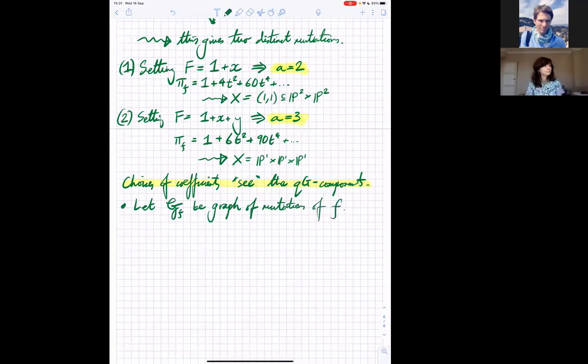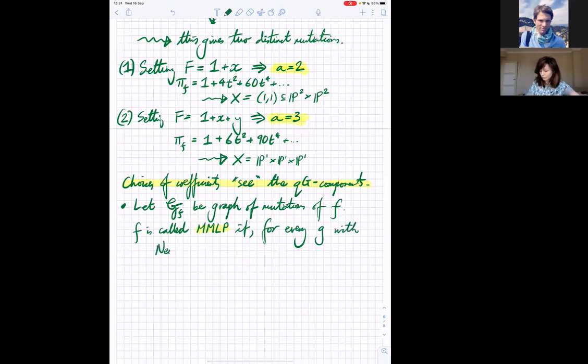Okay, so f is called a maximally mutable Laurent polynomial if for every G with Newton polytope agreeing with F, and such that G's mutation graph contains F's mutation graph, we actually have equality of the mutation graphs.